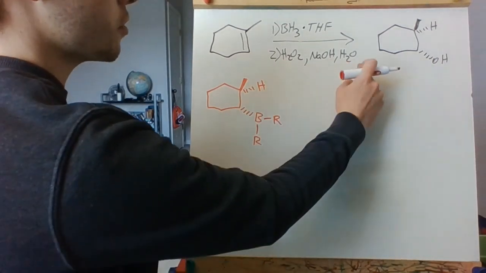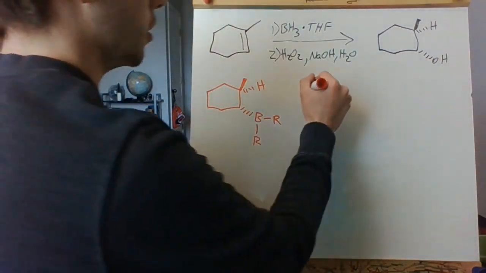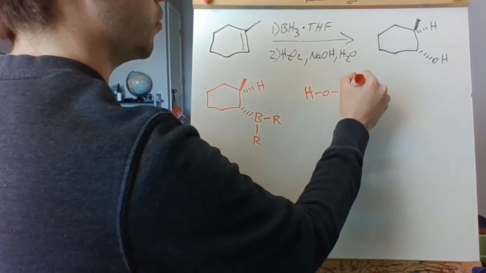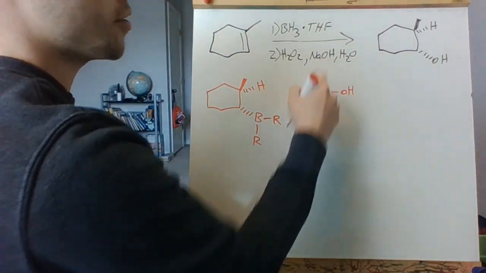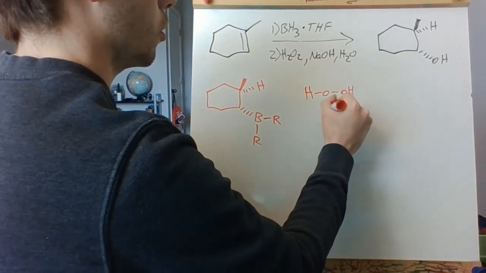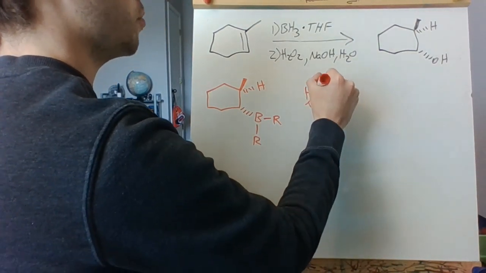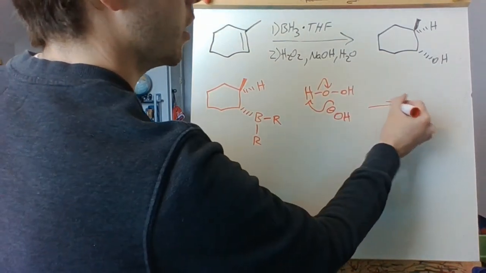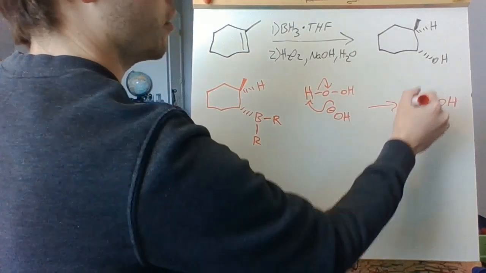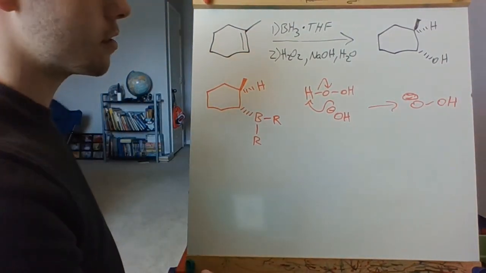When we mix these three things together, there is an equilibrium between the hydrogen peroxide and the sodium hydroxide, where the hydroxide is able to deprotonate the peroxide, giving us a molecule that looks like this.